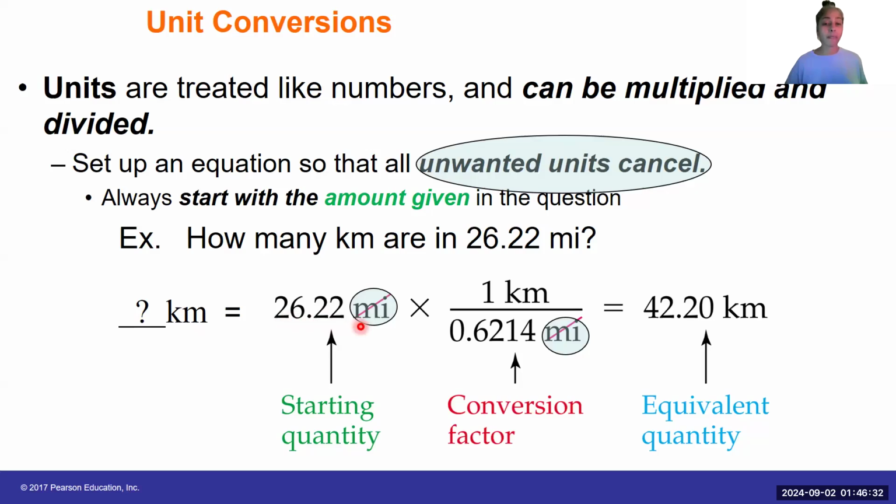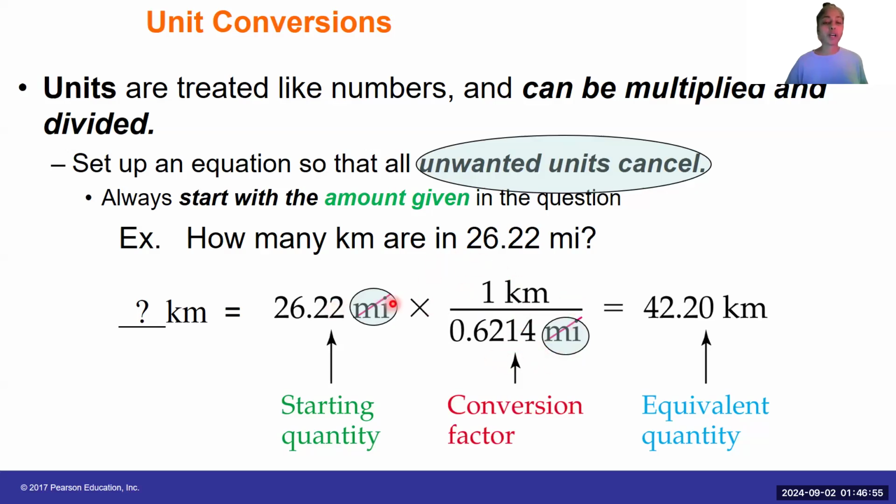26.22 miles. A few slides ago, we talked about what the conversion was between kilometers and miles. Since I want to know kilometers, I'm going to set up my conversion so that kilometers are in the numerator and miles are in the denominator. So this is our conversion factor.